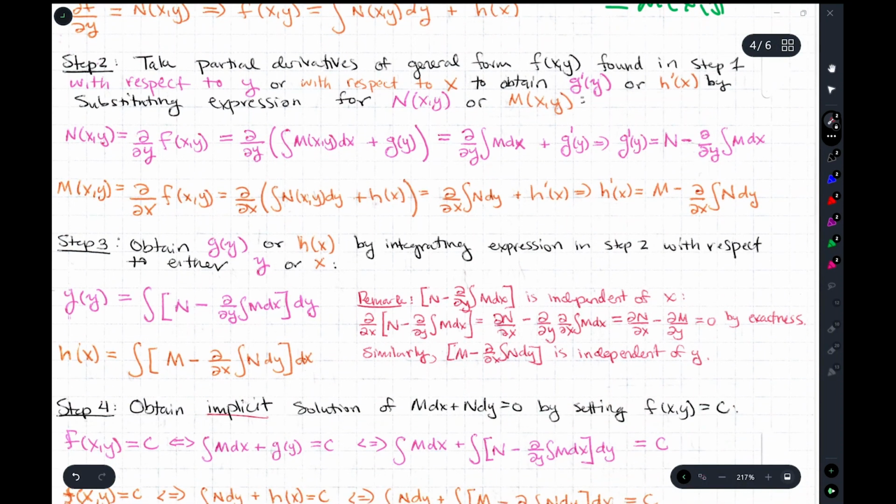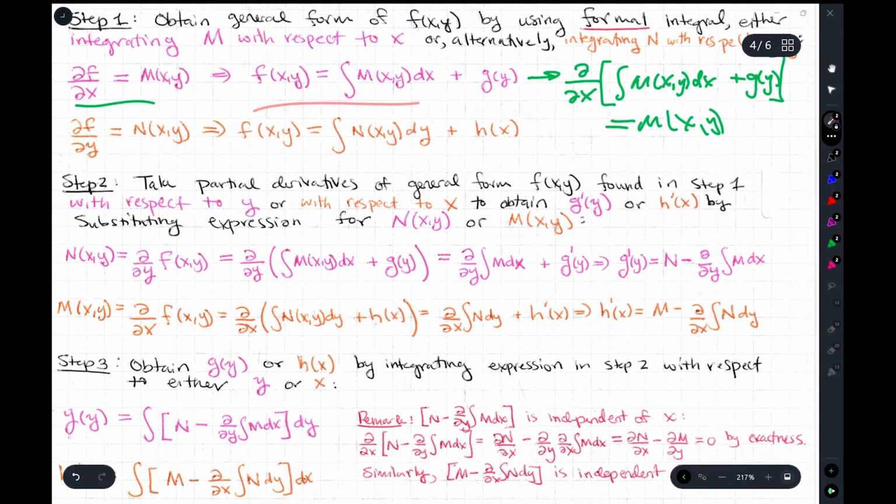So now what are we going to do? We're going to integrate with respect to y, and integrate with respect to x if we chose the orange route. And this does not depend on x. So you're actually going to end up taking a good old-fashioned integral, not like what was above in step 1.